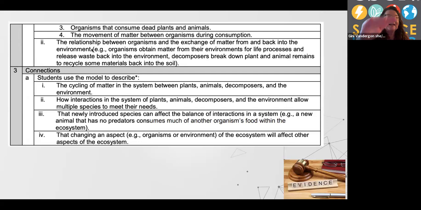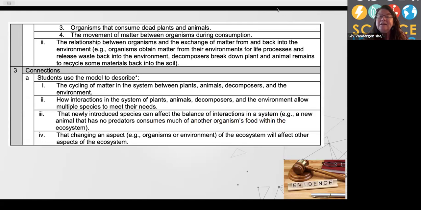And that's the second part, above. And then what about the third, connections? Are they actually making use in their models of how these things are all connected together? And remember that they were asked to draw arrows and describe, etc. So this was also making the connection of what happens when you introduce a species, such as the rabbits, into the ecosystem.